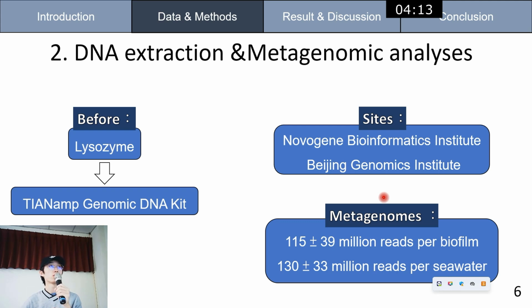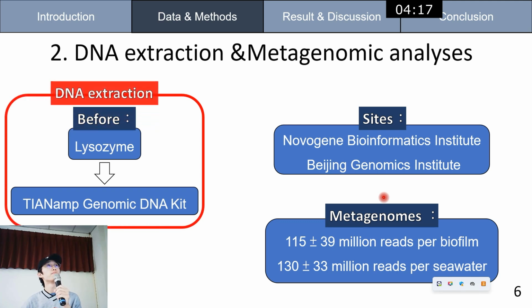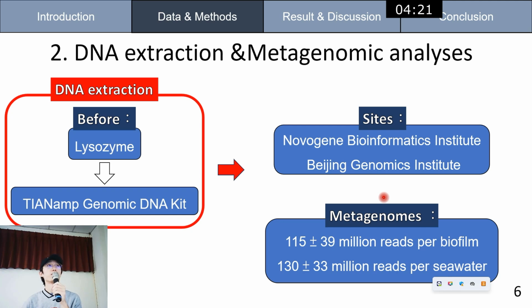It's just a kit for DNA extraction. And then we do sequencing. The sequencing sites are the Novogene Bioinformatics Institute and Beijing Genomics Institute. They are all in Beijing.